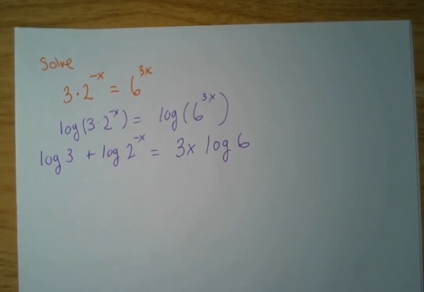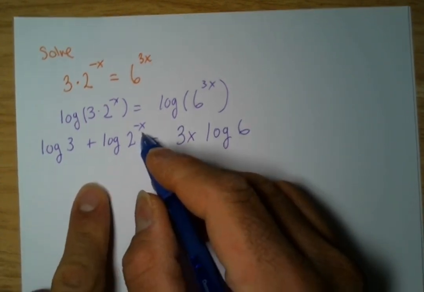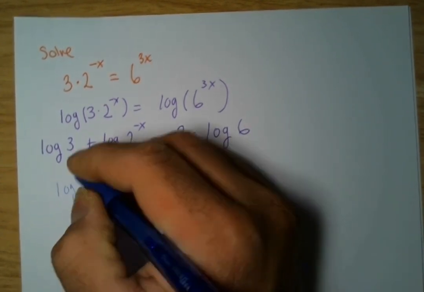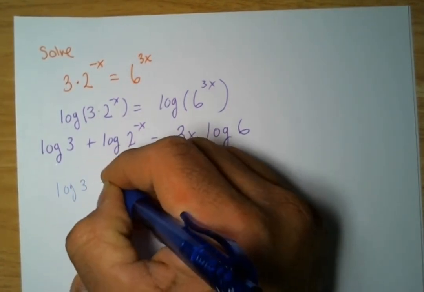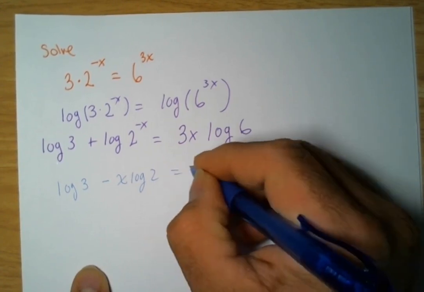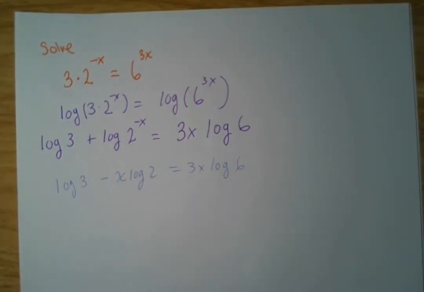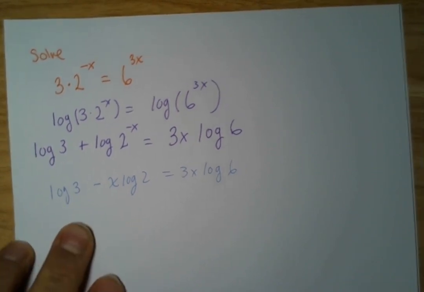Now from here, I'm going to apply the power rule here. So this now becomes log 3 minus x log 2 equals 3x log 6. All right. Now I'm going to do the same thing as before.